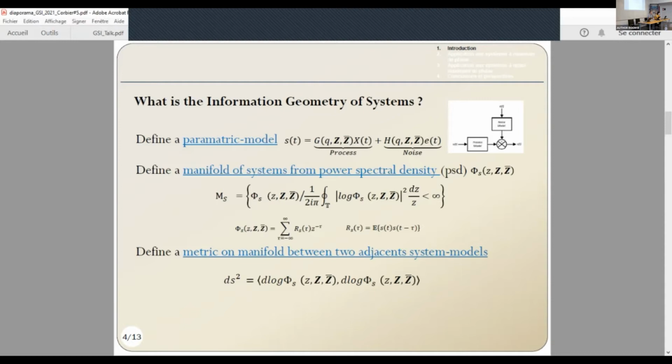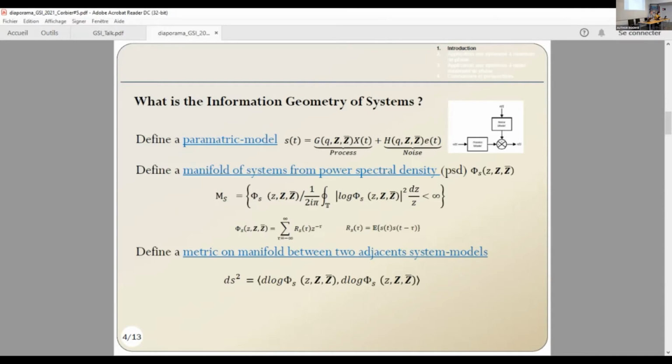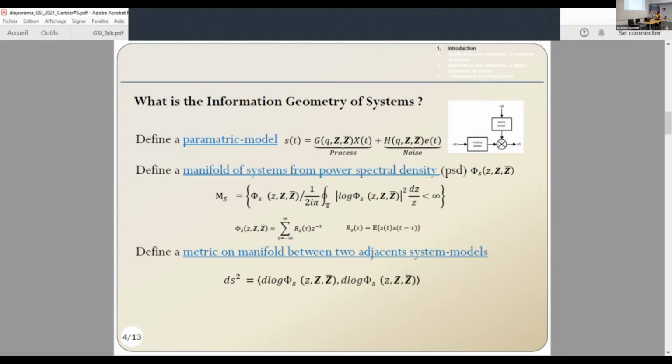The second step is to define a manifold of systems from the power spectral density, phi. The points of this manifold are the power spectral densities. You can see different calculus expressions of the power spectral density and the parametric model manifold.